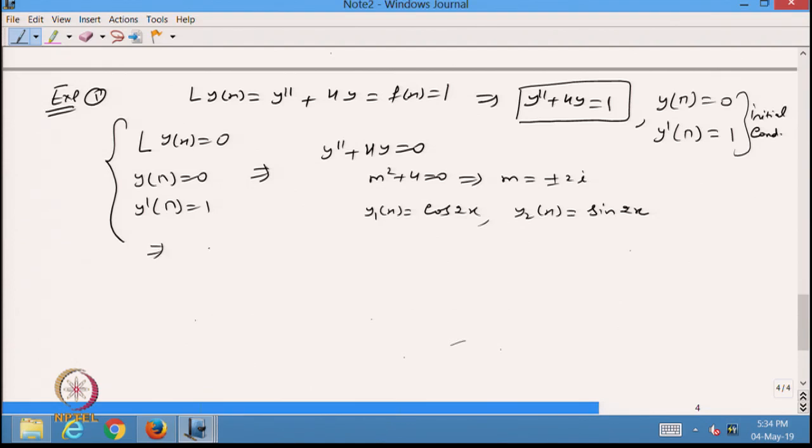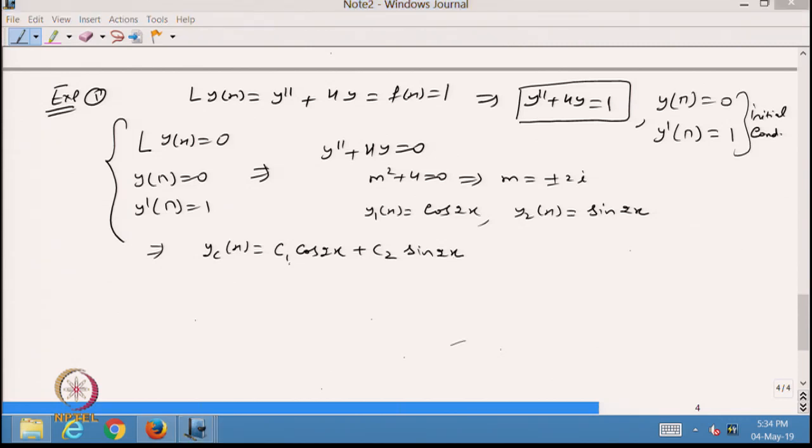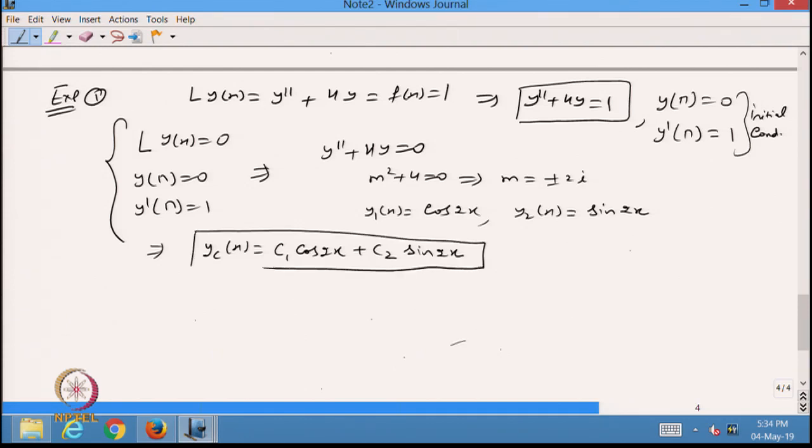So, from here I will get my solution y_c(x), which will be C1 cos 2x plus C2 sin 2x. Now, I will try to find the values of C1 and C2. This is the corresponding complementary solution.